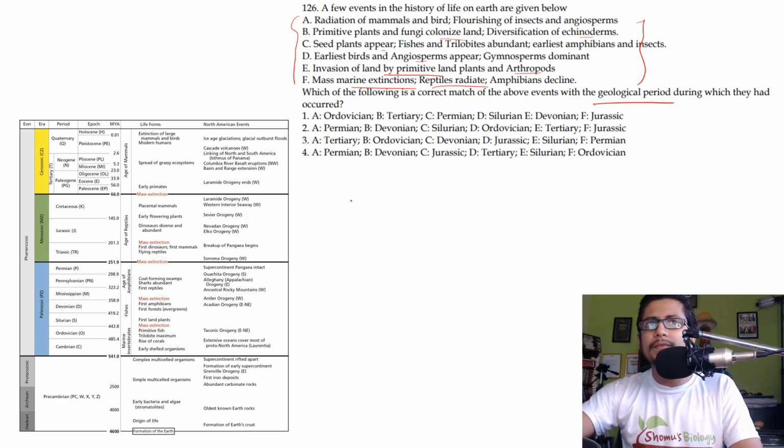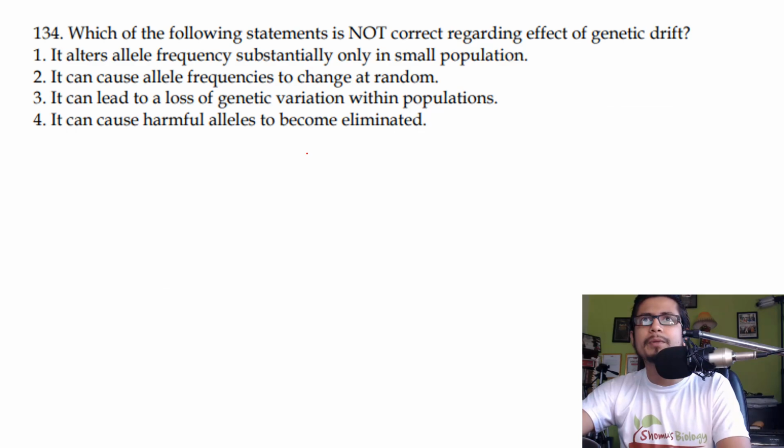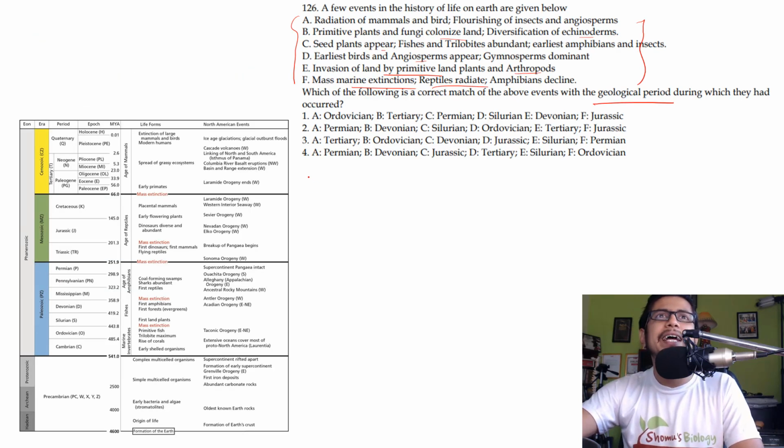So what we can tell from here is that if you know this you can answer, otherwise there is no way to answer it. It's not listed in there anyway. So what I can tell is that this A, the radiation of mammals and birds, is in the tertiary period.